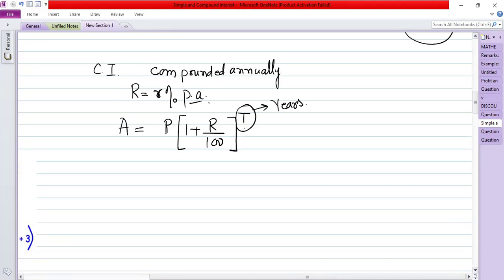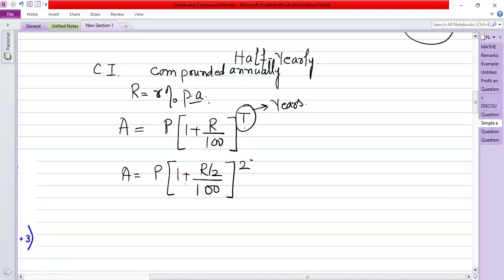Now, if the interest is compounded half yearly rather than annually, then the formula will change. It will be P(1 + (R/2)/100)^(2T).